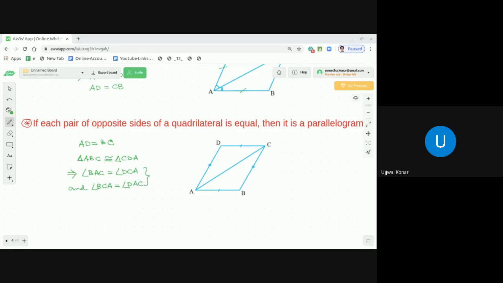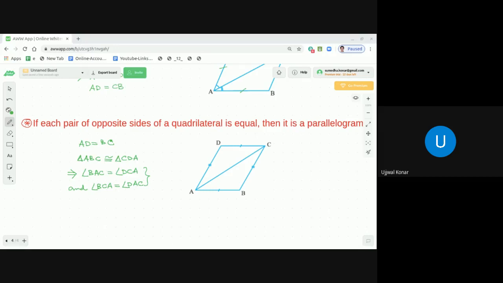Clear or not clear? Okay, it is clear, right? In fact, after this class you can do an experiment. You can construct a parallelogram and measure its angles. You will see that each pair of opposite angles is equal. You can try with many more parallelograms.